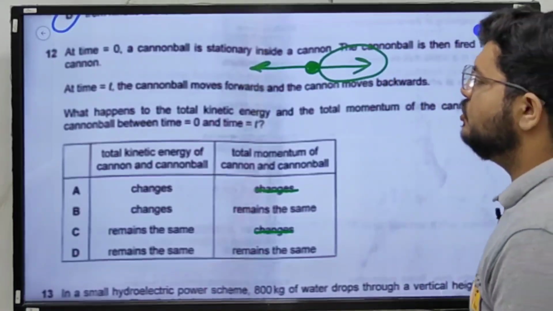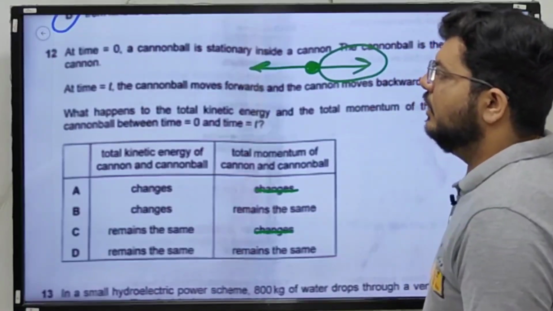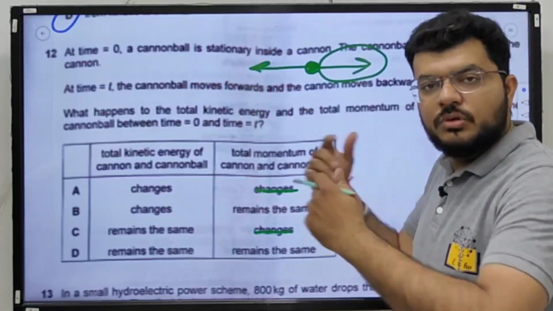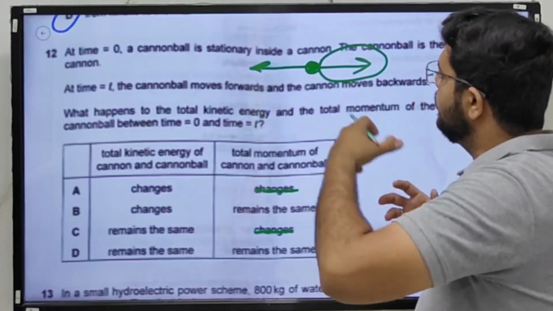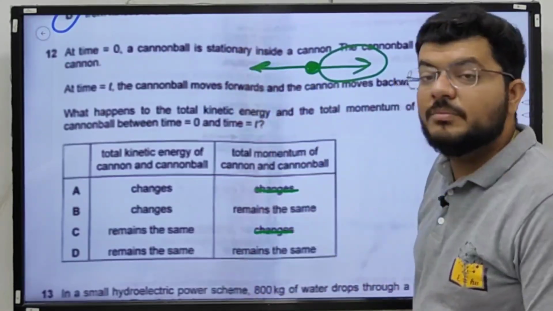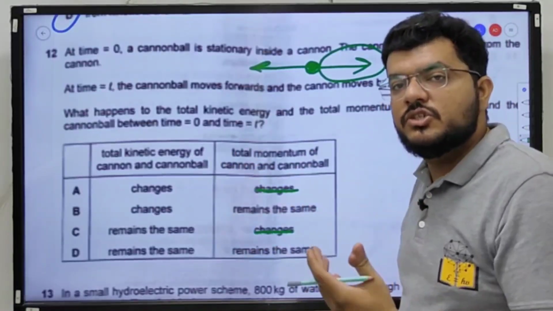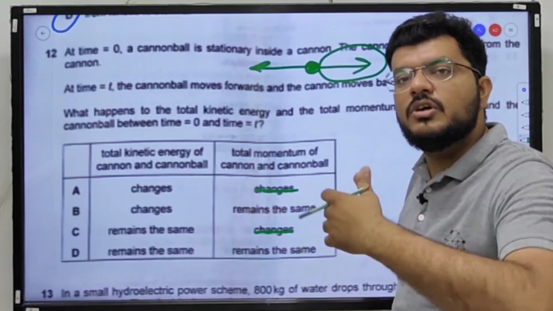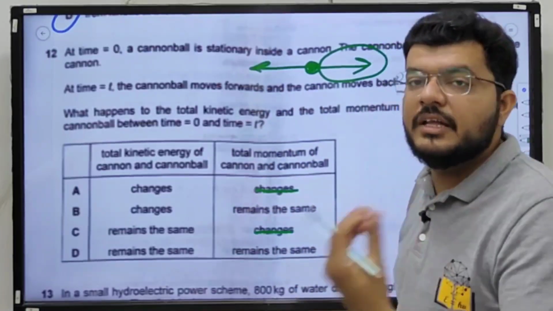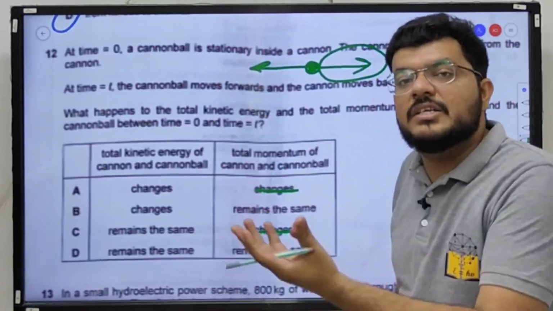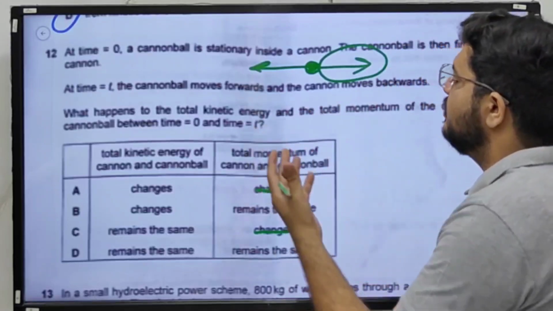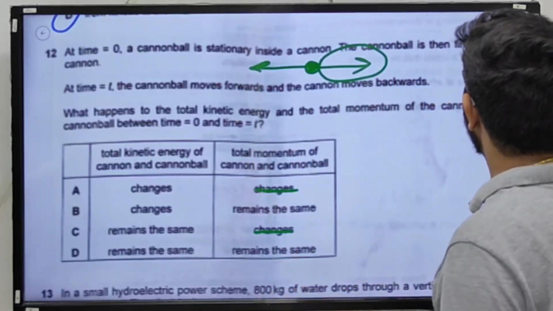Now what happens to the total kinetic energy? Now see, the cannonball is thrown with the help of some explosive, some force that uses energy. So the kinetic energy is increasing because energy is coming from somewhere else, from the blast. So the total kinetic energy of both of them increases.